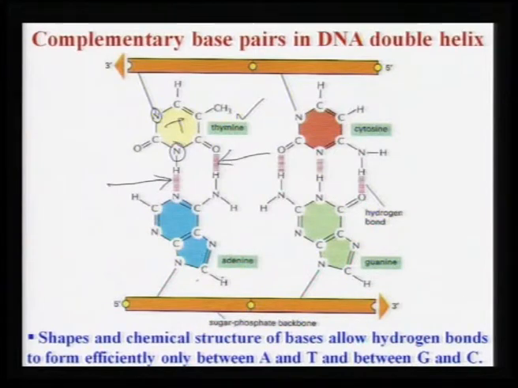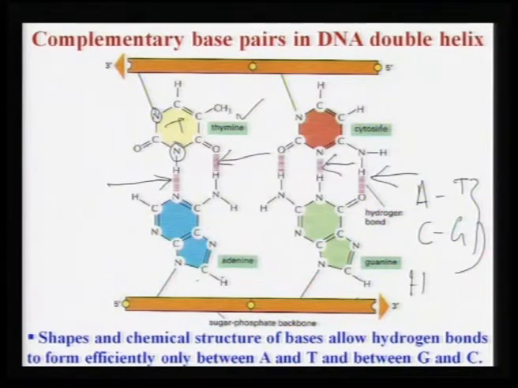Another thing that you notice here is that in this base pairing between A and T, there are hydrogen bonds. So, these are non-covalent bonds, or weak bonds. Between C and G, that is also hydrogen bonds. So, what you notice is that this AT and CG base pairing is by hydrogen bonds, and one of the uniqueness of hydrogen bonds is that they can be broken if so desired.